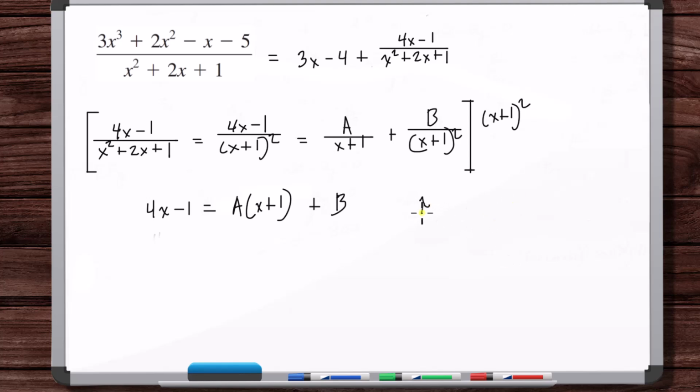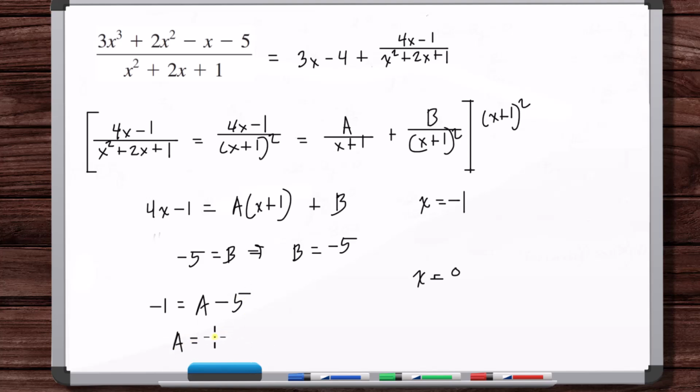Okay, so when x is equal to minus 1, you've got 4 times minus 1 is minus 4. So b is equal to minus 5. Now when x is equal to 0, you've got minus 1 is equal to a minus 5. A is equal to minus 1 plus 5 is 4.